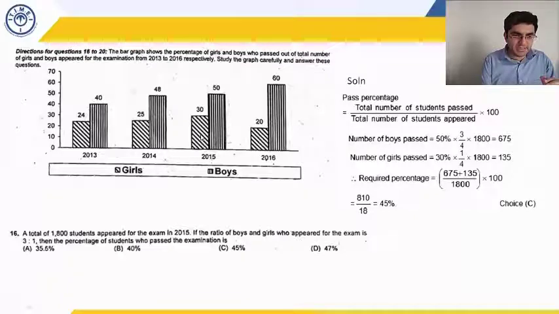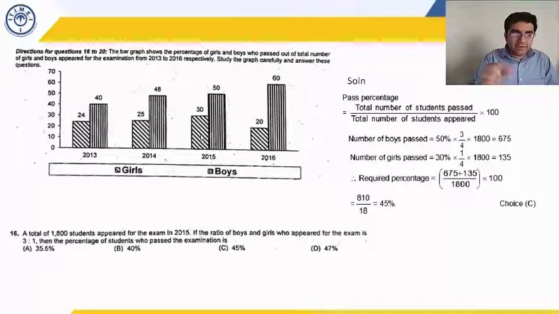30% of the girls passed. That means 30 girls passed. 30% of 100 is 30. And 50% of the boys passed. 50% of 300, that's 150. That means 30 passed and 150 passed. 180 passed out of 400. That is what you have assumed.